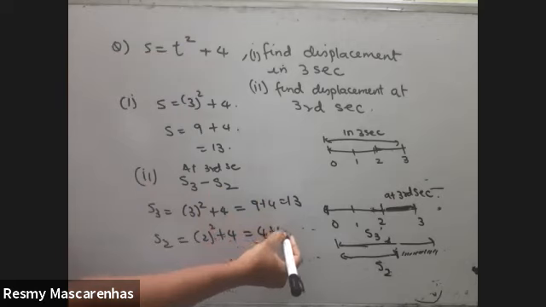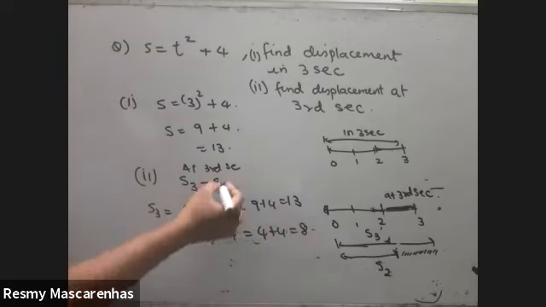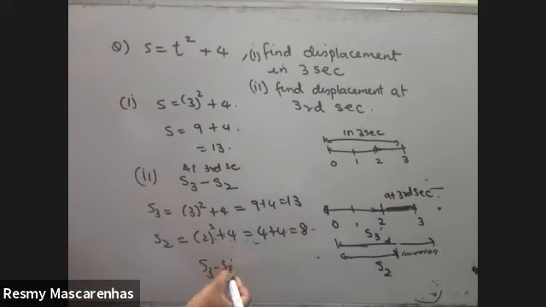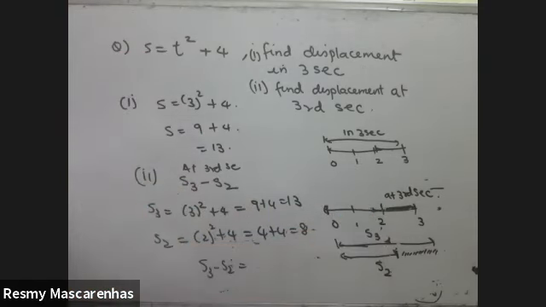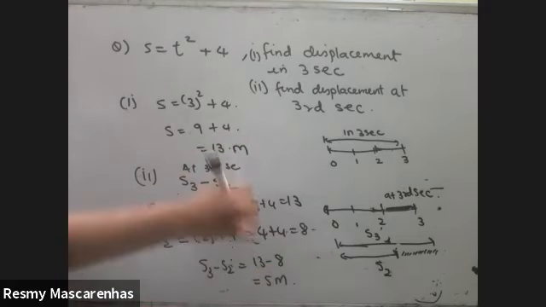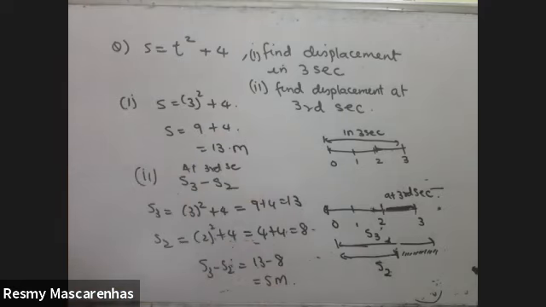So 4 plus 4, which is 8. So at third second will be 13 minus 8. That will be 5 meters. Both ways you can write meters. So at third second means you have to check like that.